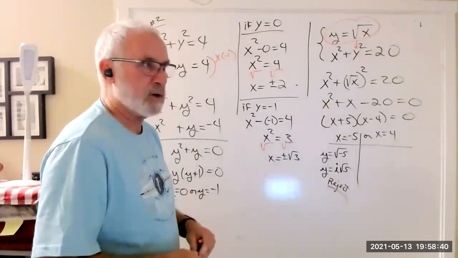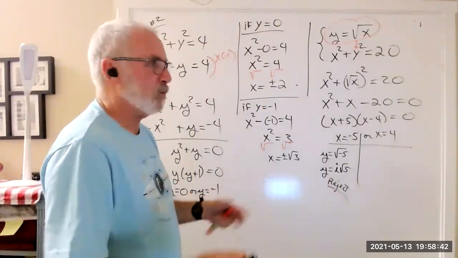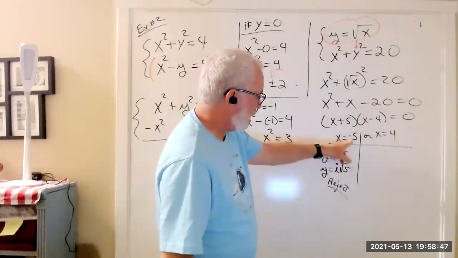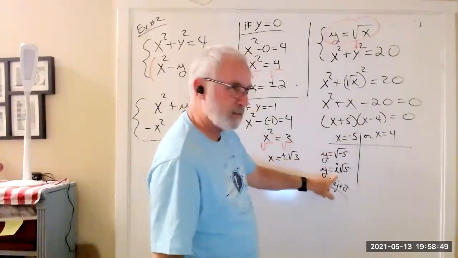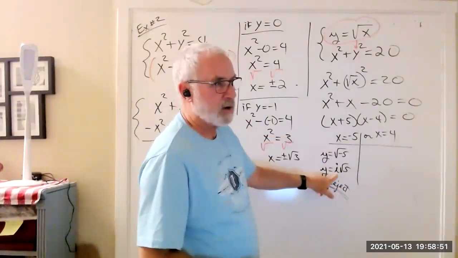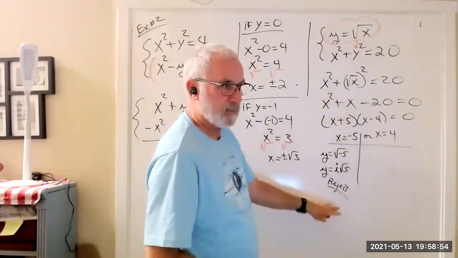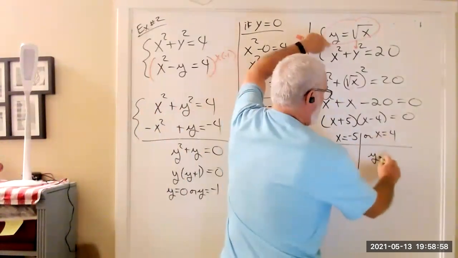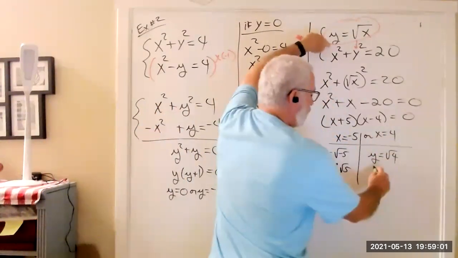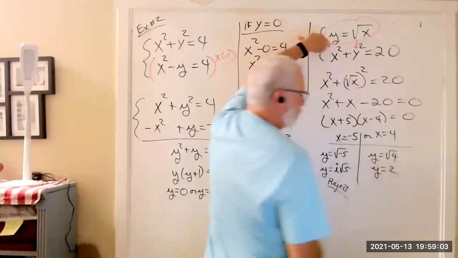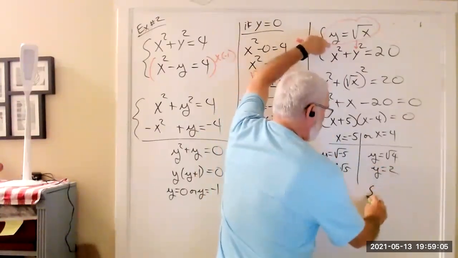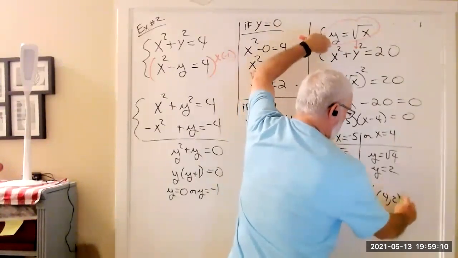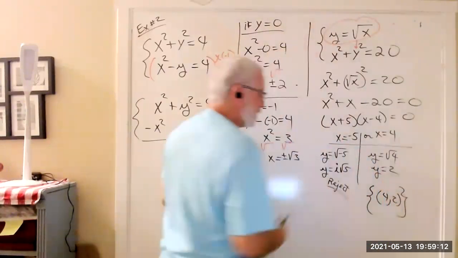You learn that in pre-calculus, math 141 or something, okay? So when x was -5, y turned out to be imaginary, but we don't know how to graph that, so we reject it. Okay, so over here, if x is 4, y equals the square root of 4, so y equals 2. Cool. So the solution set is the parentheses 4, 2, because this side got rejected.